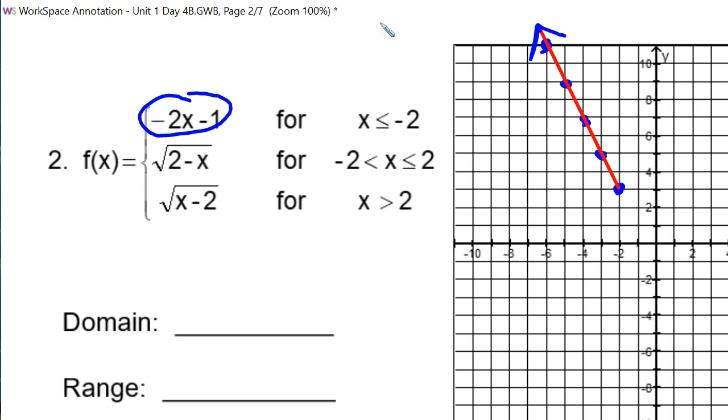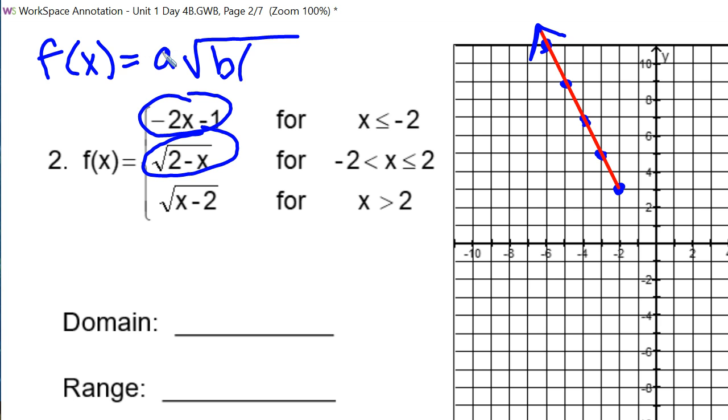Second piece of the function, square root of 2 minus x, what is that called? Square root. But is that in vertex form? No. So if it's not in vertex form, solve it to get it in vertex form. So vertex form would be f of x equals a square root of b times x minus h plus k.